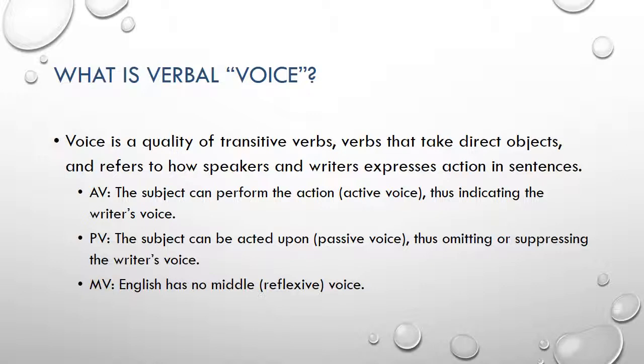The subject can be acted upon, thus omitting or suppressing the writer's voice. But English has no middle or reflexive voice like many languages. English expresses the middle or reflexive voice by means of adding some pronouns like myself or himself or oneself.